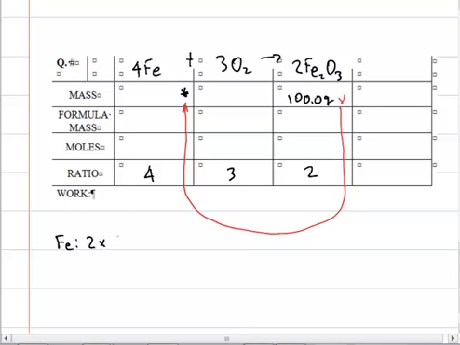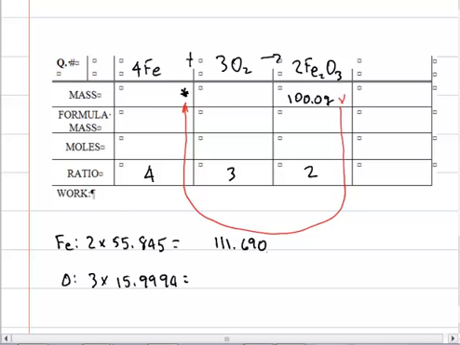There are 2 irons in that, and the formula mass for iron is 55.845, and then we have our oxygen. There are 3 of those times 15.9994. When we multiply the iron, that's 111.690.